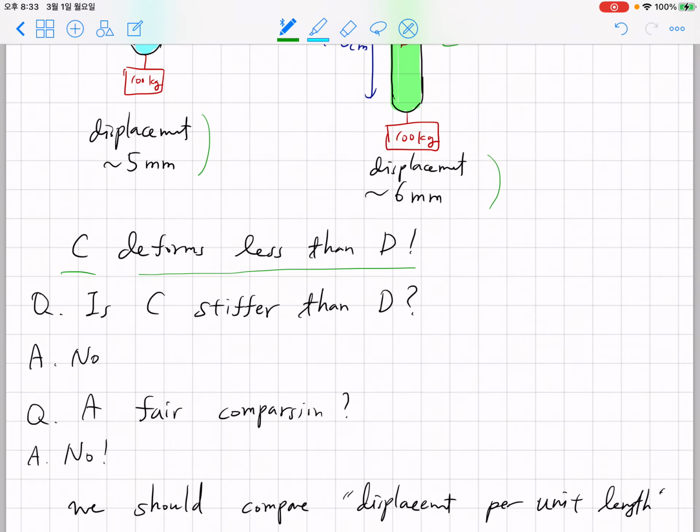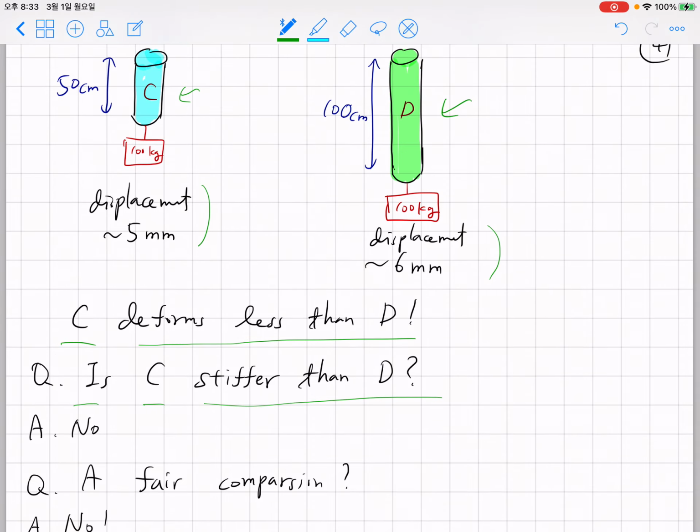Now somebody would ask, is material C stiffer than D? Even though the left cylinder deforms less than the right cylinder, we cannot say material C is stiffer than D. The definition of stiff is that it's hard to make a deformation.